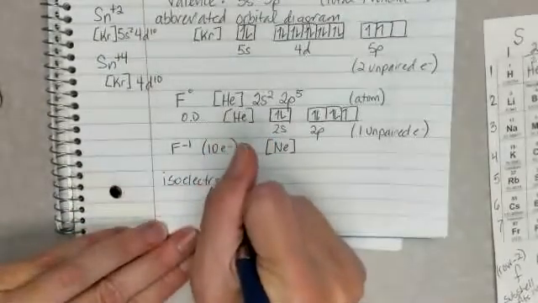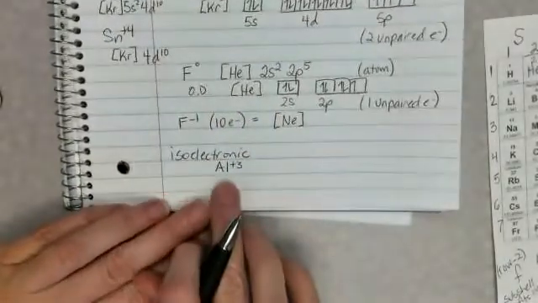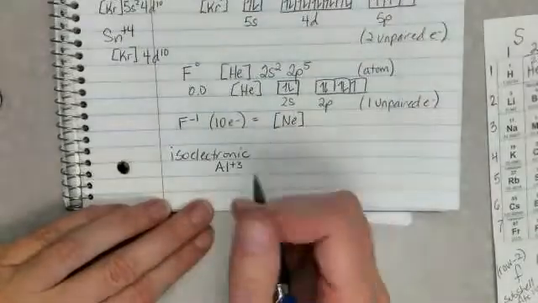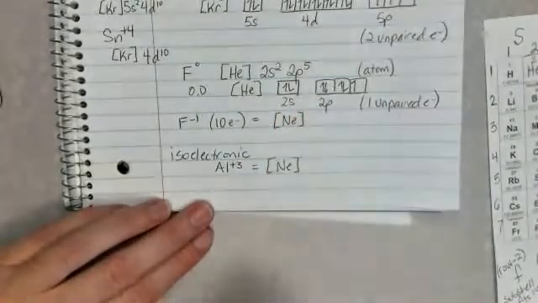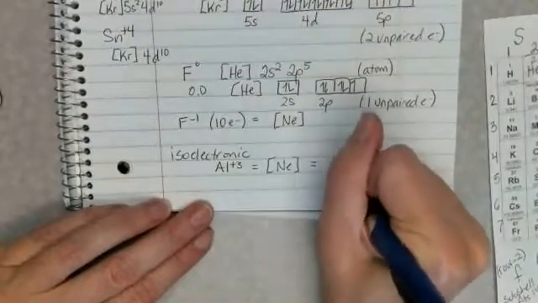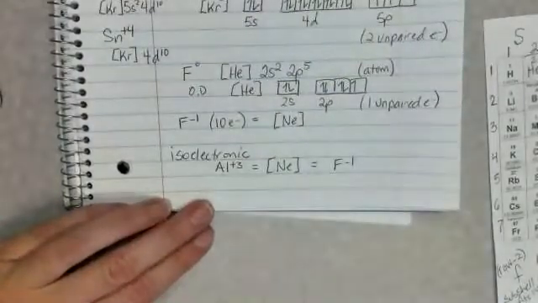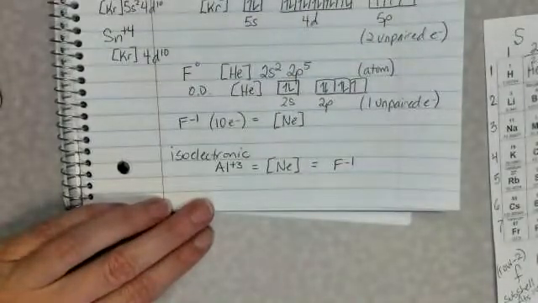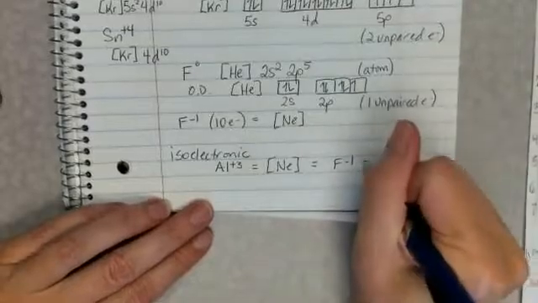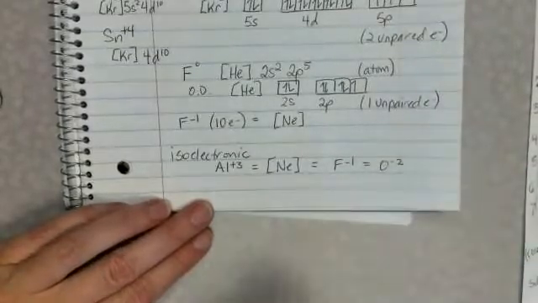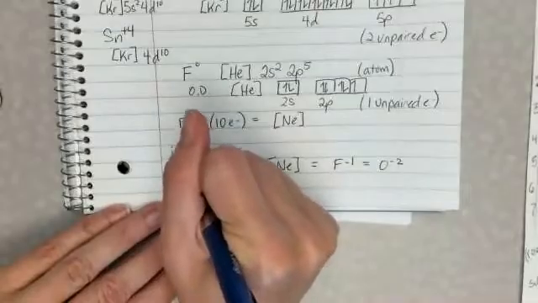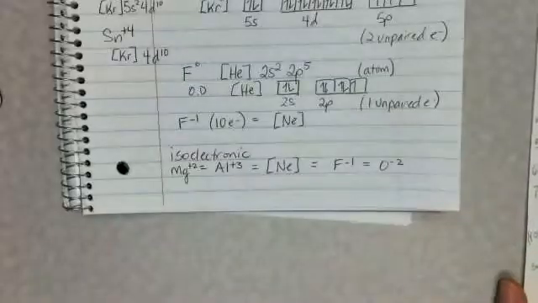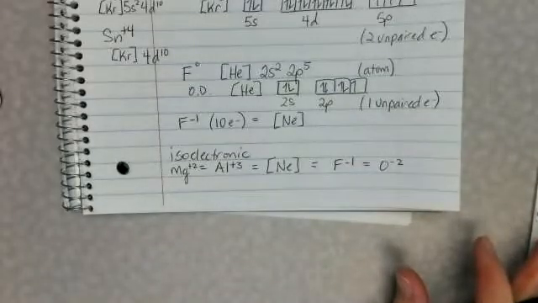So aluminum +3 had 13 electrons in the atom, but now only has 10 electrons, so it matches the structure of neon. And we see the same structure with fluoride. Those are all isoelectronic. Another one would be oxide, oxygen -2. Or another one would be magnesium +2. All of those are isoelectronic ions.